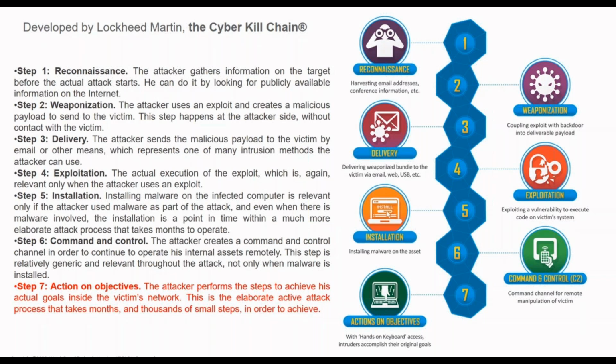Maybe he's been there for months trying to find what he can actually do with the information that is available for him. Maybe he can do ransomware and ask you for money. Maybe he's using your network to attack another network and so on.